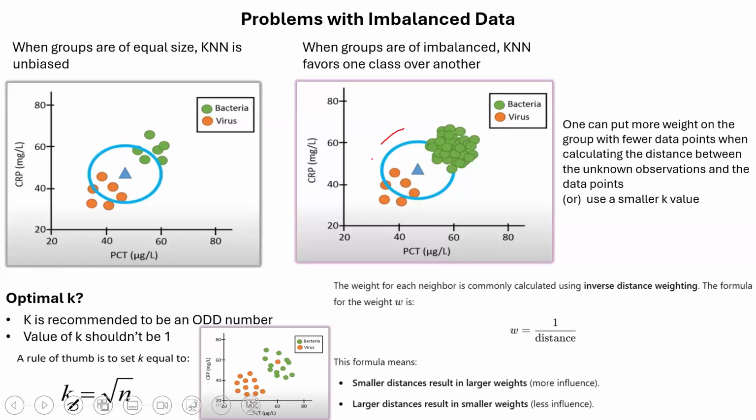So if you even take this particular circle, even when we covered all the data points of virus, their count would still be less than this concentration, right? So this is what an imbalanced data set means. In this case, KNN will be biased. It will be more biased to the class where the data points are more.